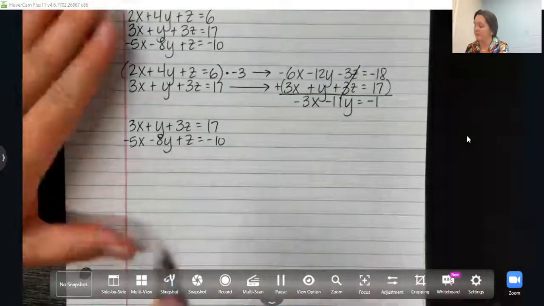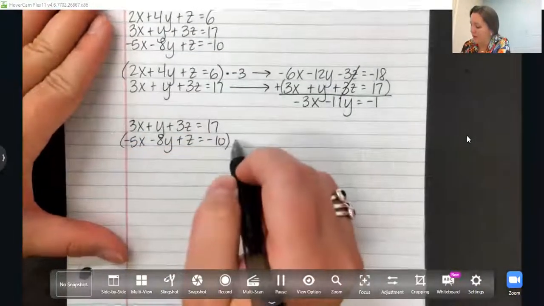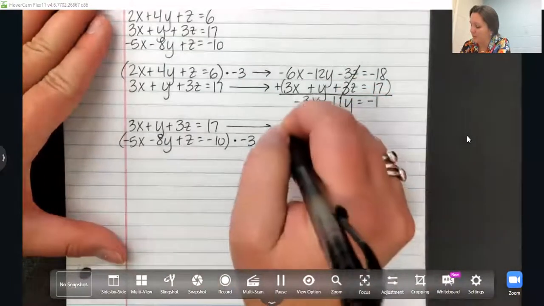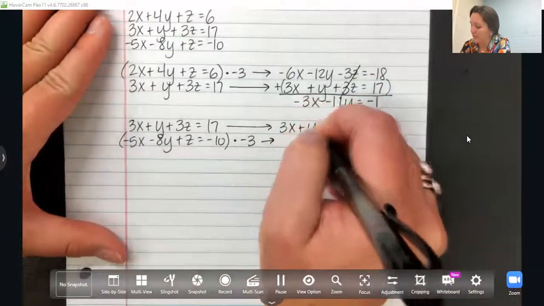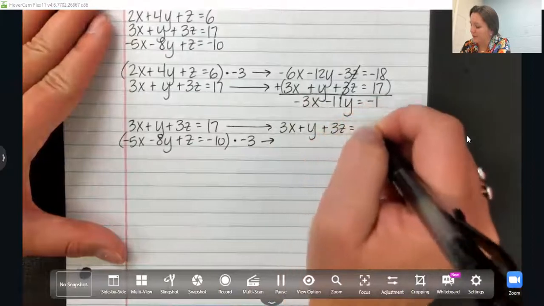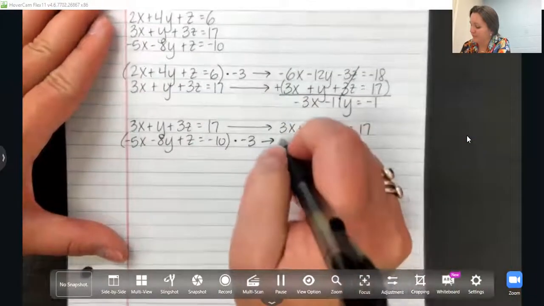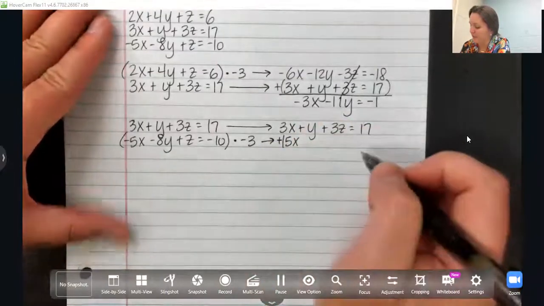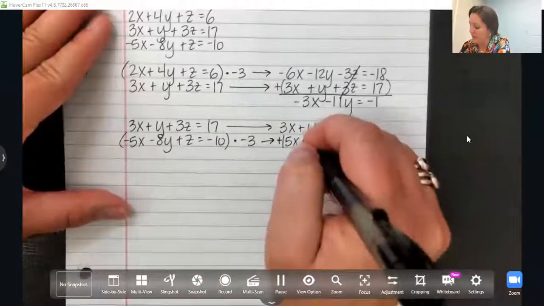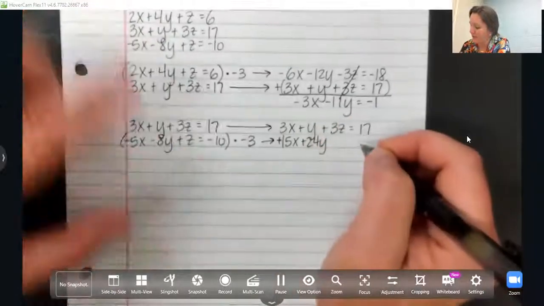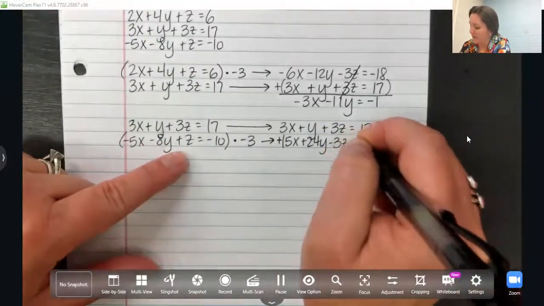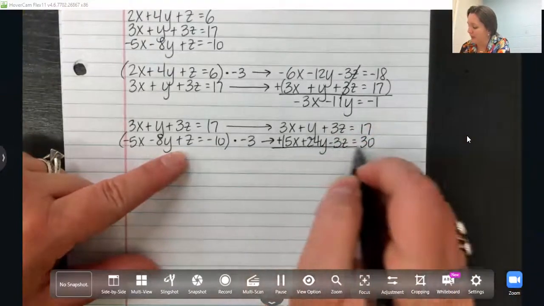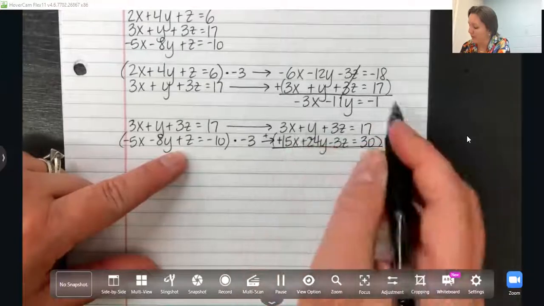So I'm going to multiply again by negative 3 here. Rewrite our first one: 3x plus y plus 3z equals 17. Multiplying everything in this one by negative 3, we get positive 15x, positive 24y, and negative 3z equals positive 30.